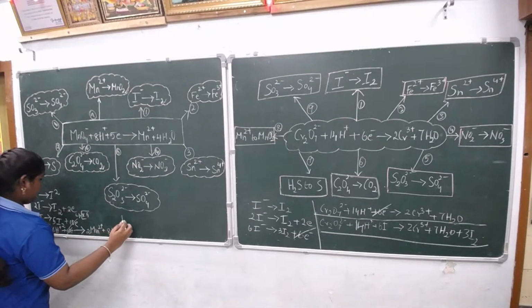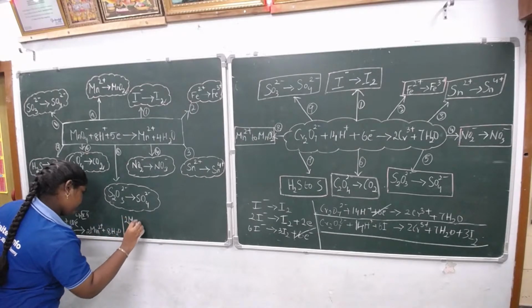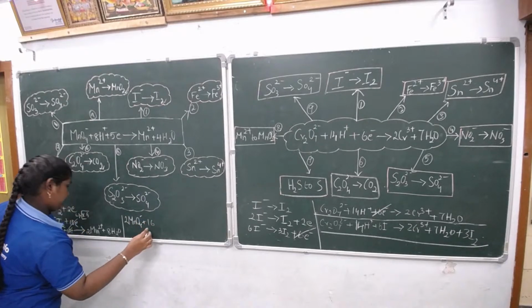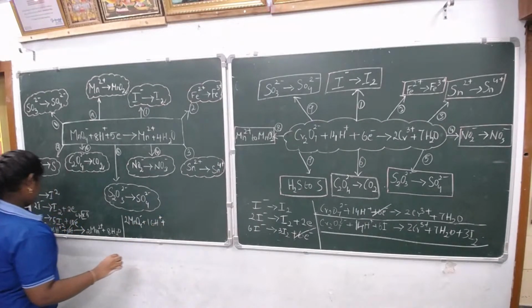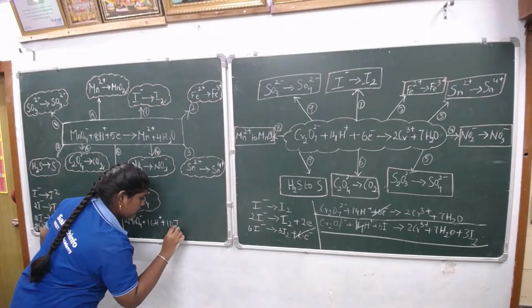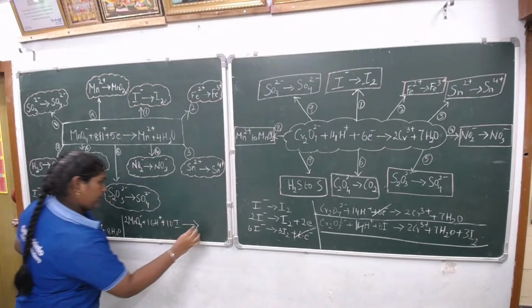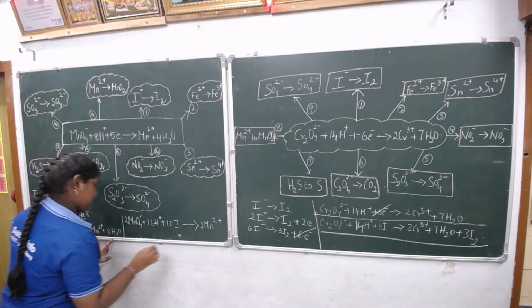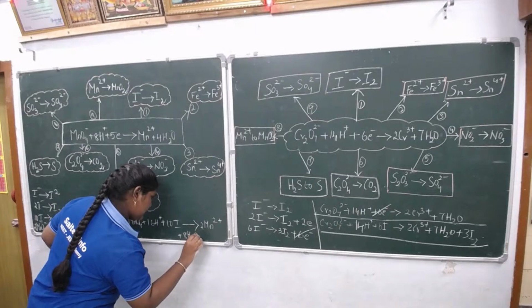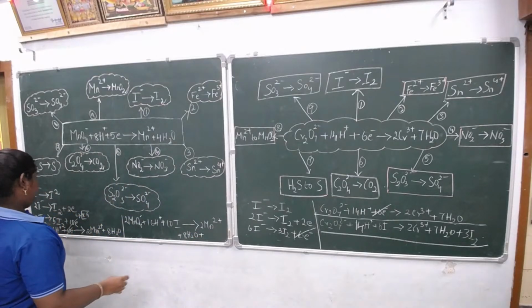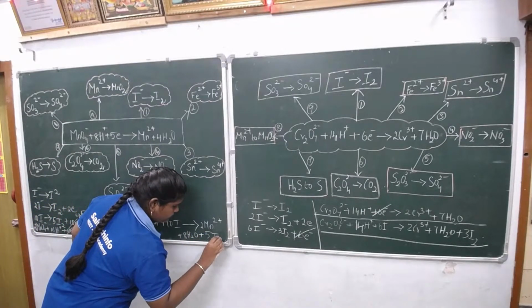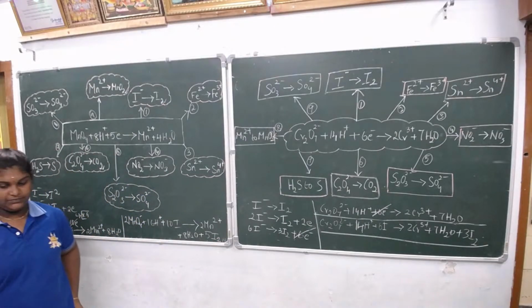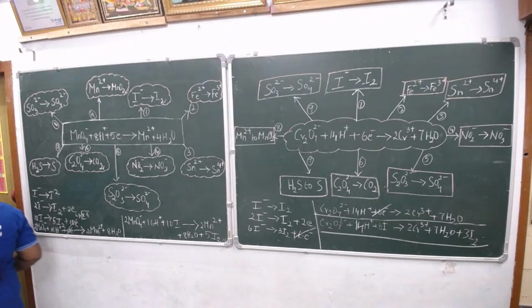Then we need to combine them: 2MnO4 minus plus 16H plus 10I to form 2Mn2 plus 8H2O plus 5I2. This is the last equation. Very good. That's it.